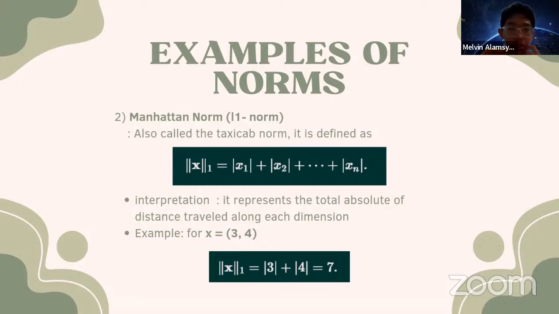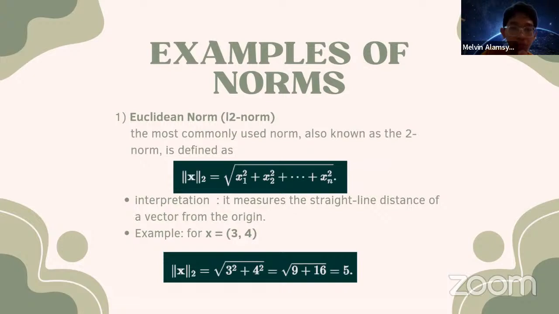So the Manhattan norm has this interpretation: it represents the total absolute value of the distance traveled along each dimension. For the example, I put x, which is 3 and 4. So the Manhattan norm of x is the absolute value of 3 plus the absolute value of 4, which is 7 here. So it's a little bit different from the Euclidean norm before.